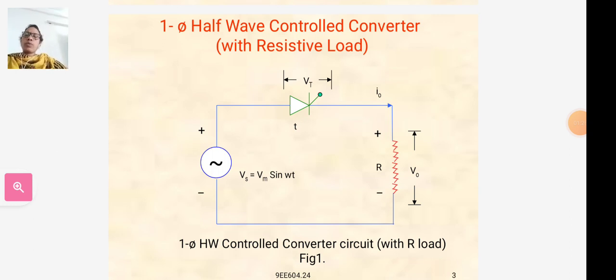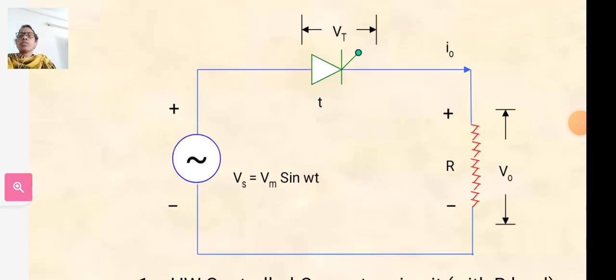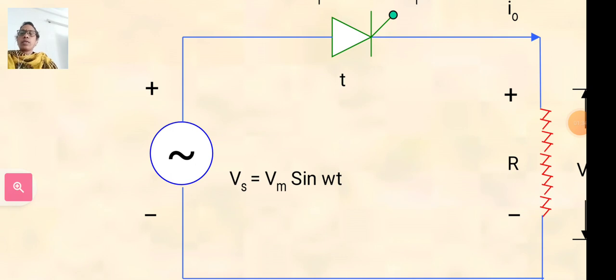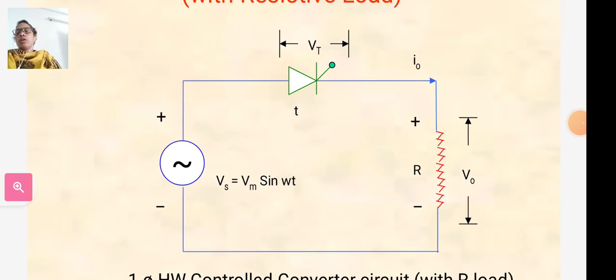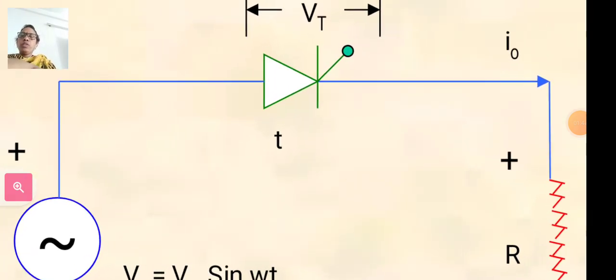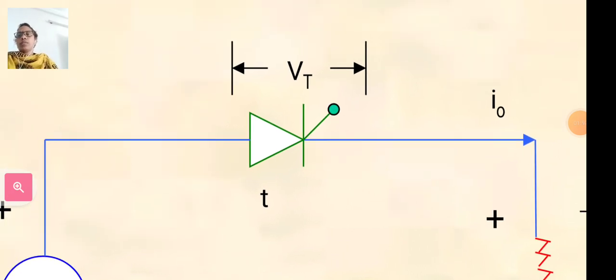For this circuit, we are using an AC source. Supply voltage is equal to maximum voltage into sin omega t. According to the positive terminal, we are connecting one thyristor, T, which has a thyristor voltage.